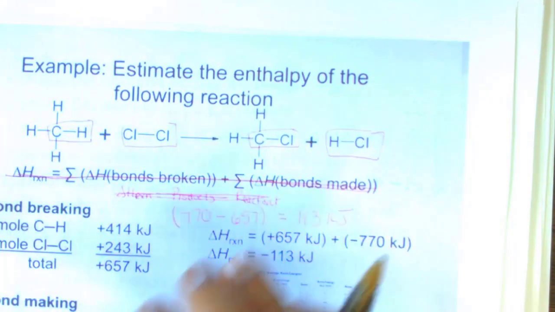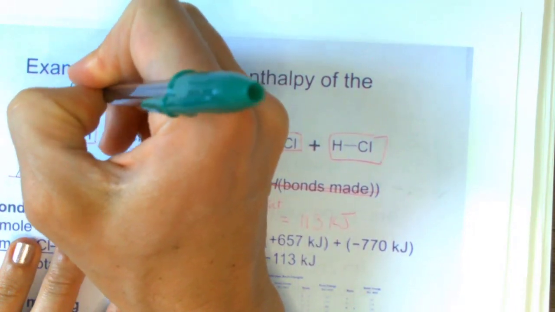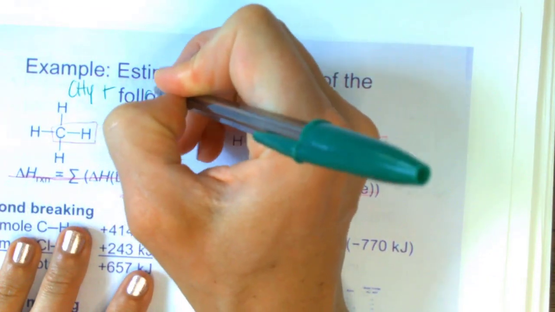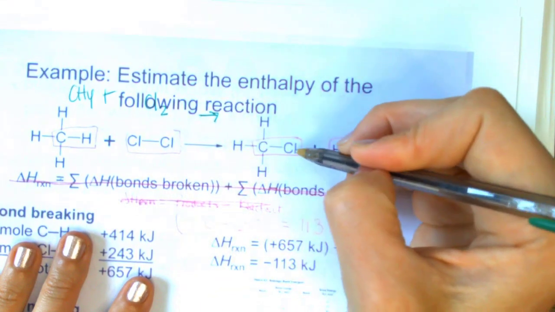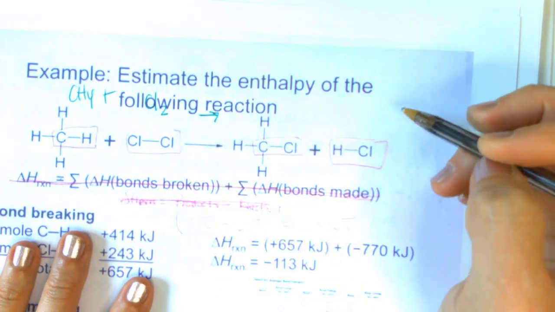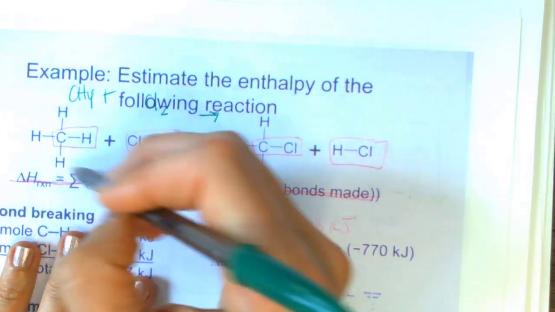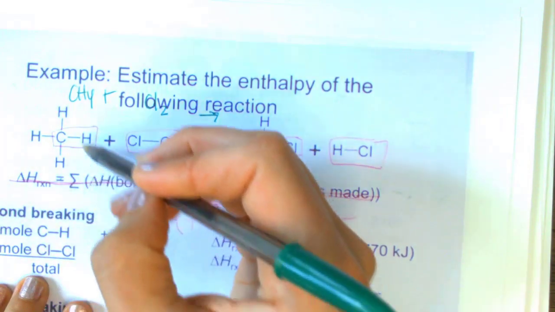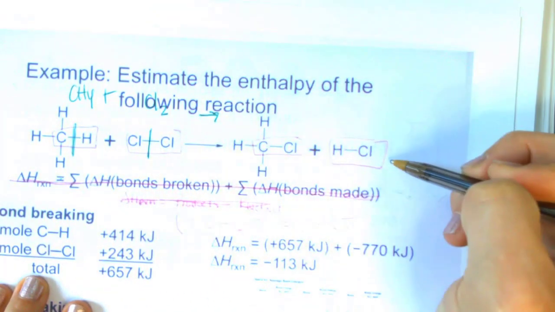So here's an example where I've got methane, CH4, plus Cl2 chlorine to give me CH3Cl plus HCl. If we look at bonds, my reactants, so let's look at bonds breaking. We have to break this and this in order to form these new ones.